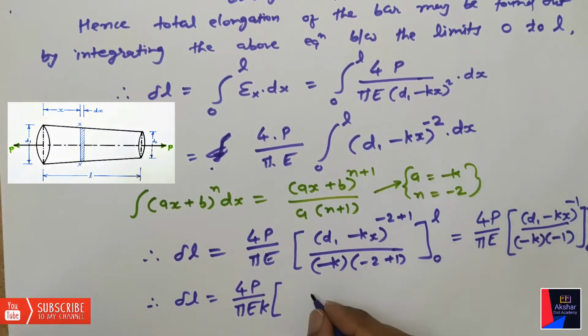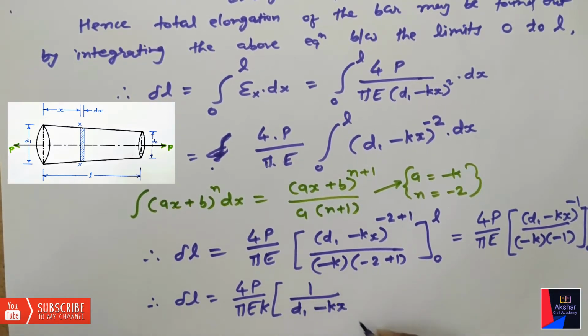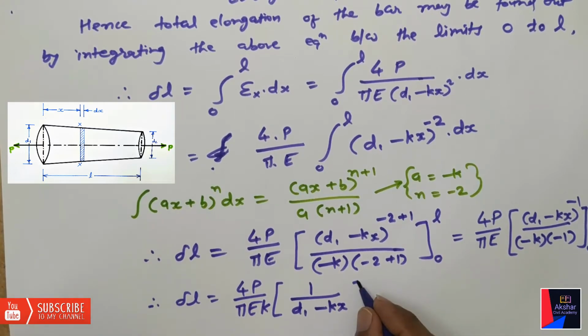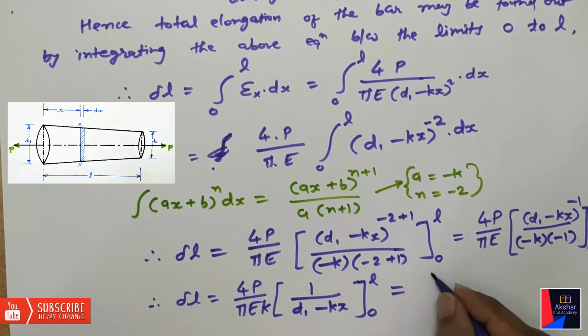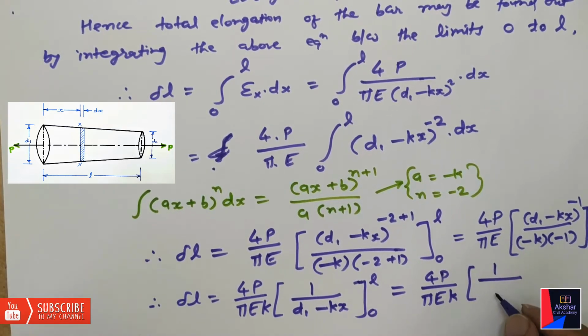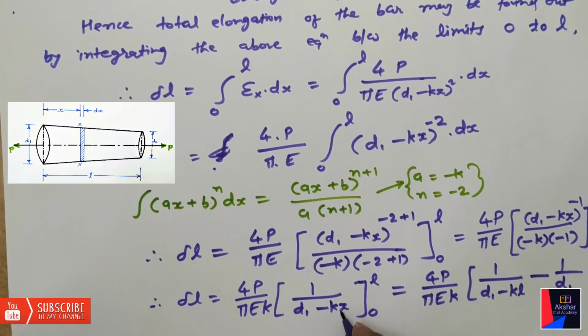So we will get 1 upon (d1 − kx), okay. So we can write (d1 − kx) raised to −1 in this way, and we are putting limits also, 0 to L. So we will get 4P upon pi E k, and by putting limits we get 1 upon (d1 − kL) minus 1 upon d1, as x is equal to 0.